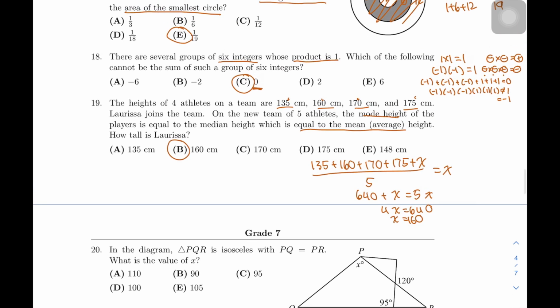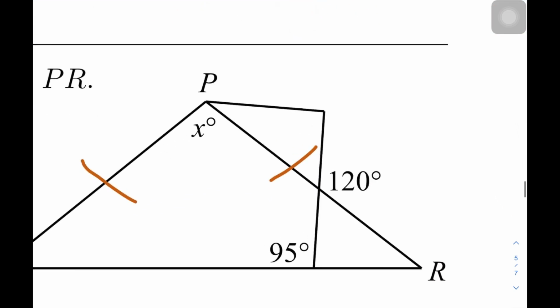Question 20. In the diagram, triangle PQR is isosceles with PQ equals PR. What is the value of x? So the first thing you do is label the two sides that are equal. And then we're going to look further into the angles. So you know that this is a straight line, so in total it's 180 degrees.